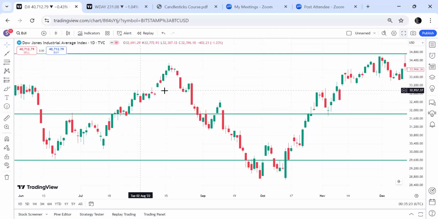And if the Marubozu candle forms when the market is in a downward direction, like you can see on 7th September, the Marubozu candle formed on 7th September. So what does it indicate? We have to leave such candles. We don't need to give importance to such candles.